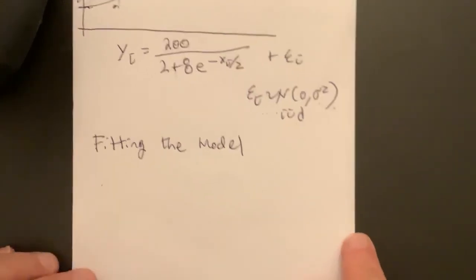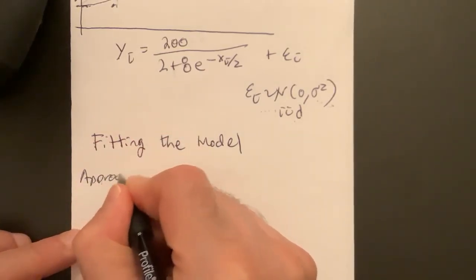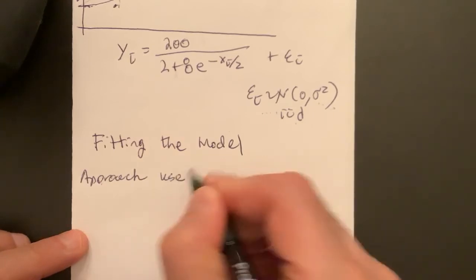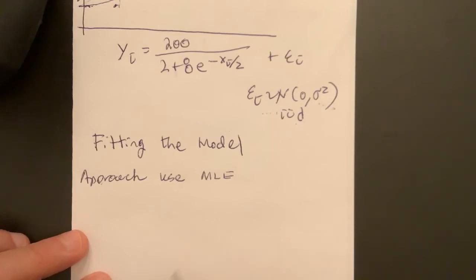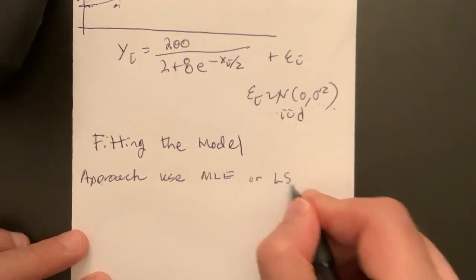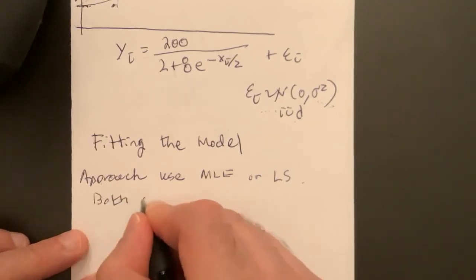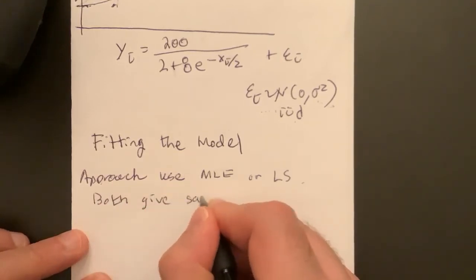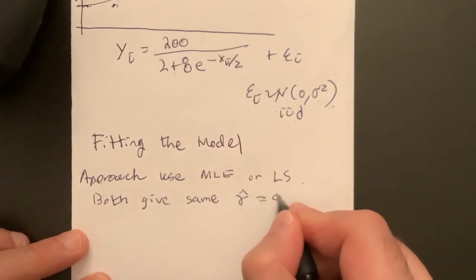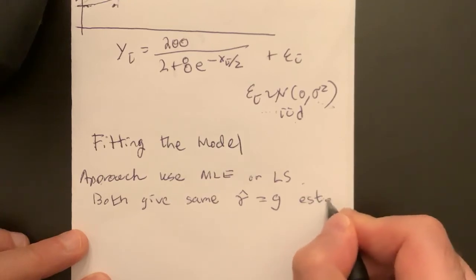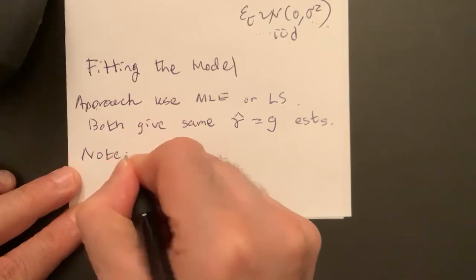So the approach will be to use either of those. Approach: use MLE. We're actually not going to use MLE, even though it's a little more powerful, or least squares. We'll use least squares. Both give the same estimate for gamma. Let's add the note, even though we're not going to do anything mathematically with it.